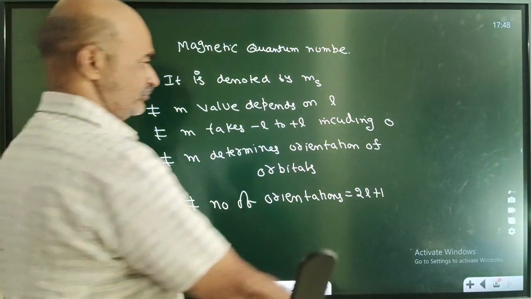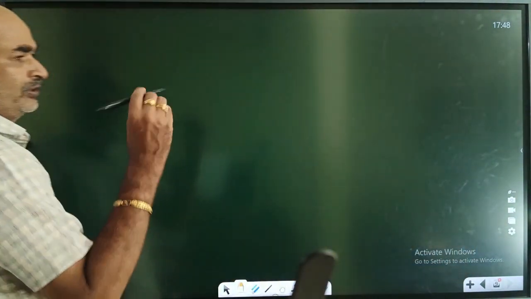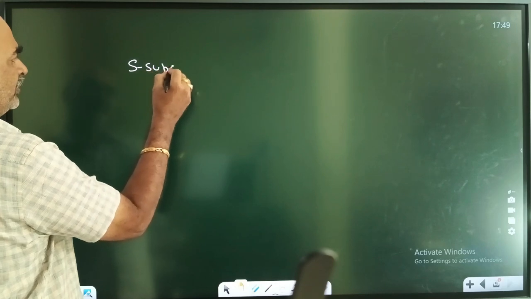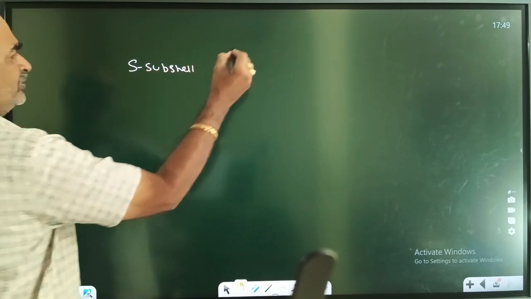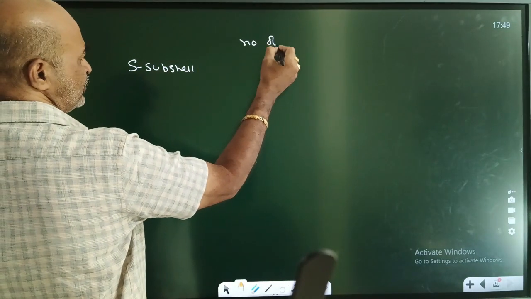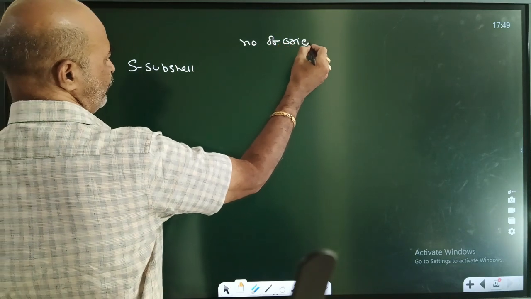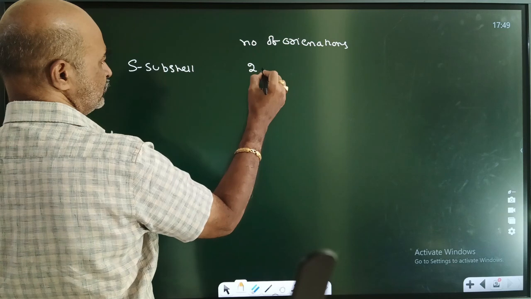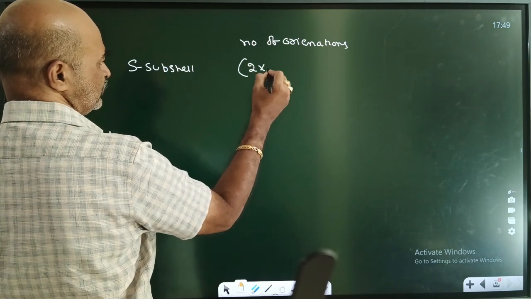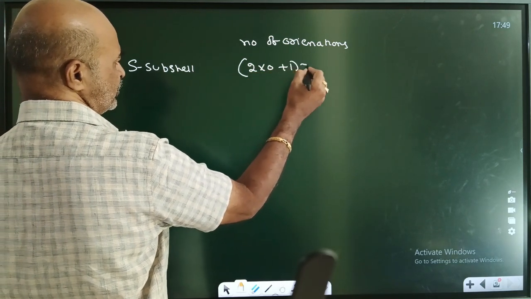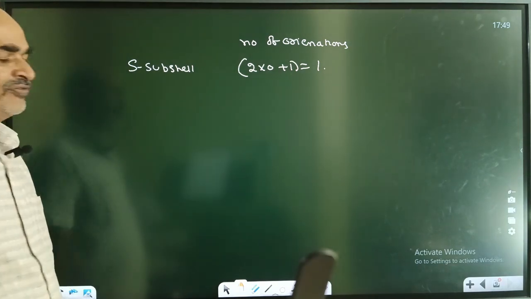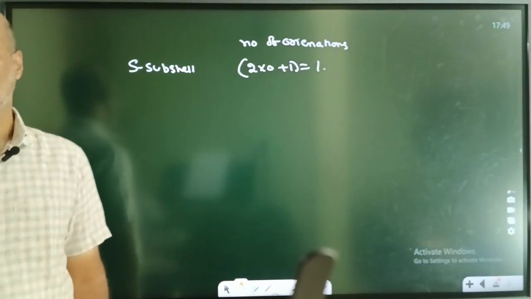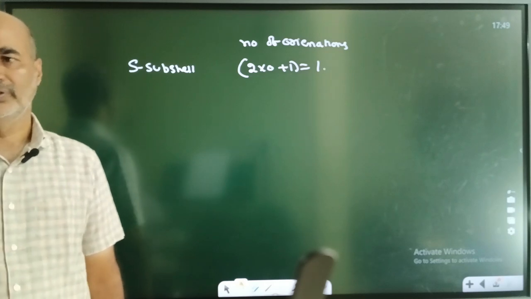For example, s subshell. Number of orientations: 2 into 0 plus 1, that is equal to 1. So for the s subshell, the number of orientations is 1. So the s subshell has only one room, only one orbital.